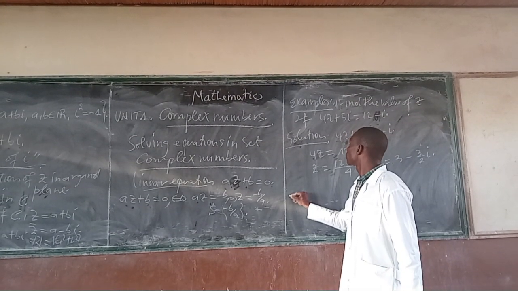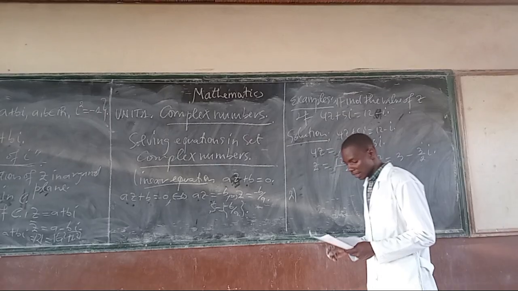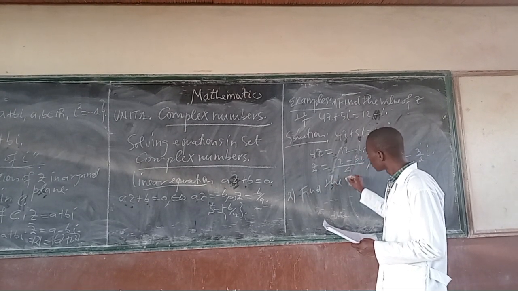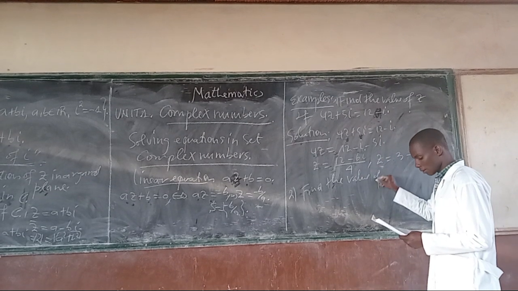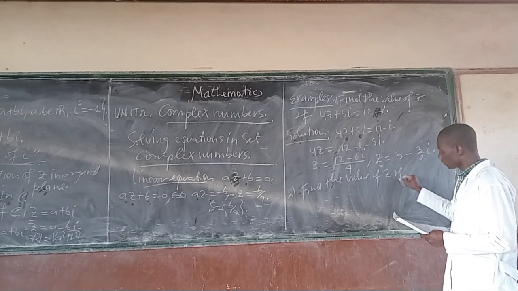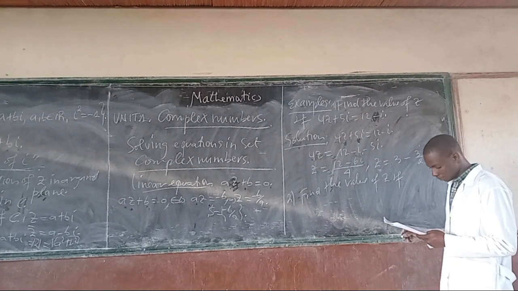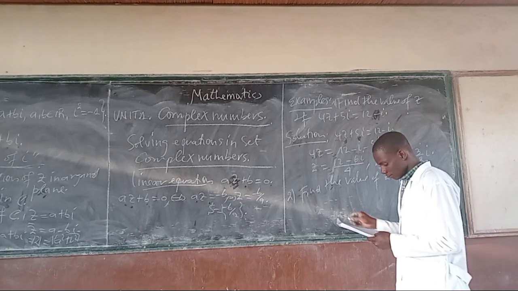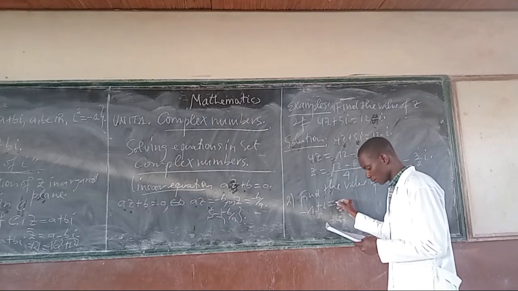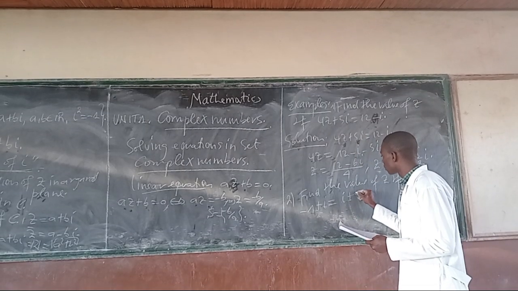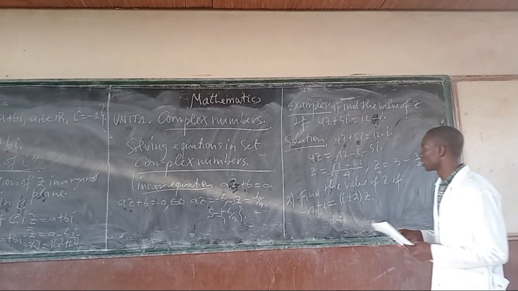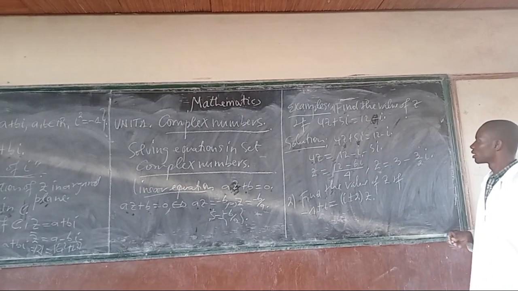Now we can do another question to find the value of z. Find the value of z if negative 1 plus i is equal to i plus 2, then times z. What is the solution for this kind of equation?